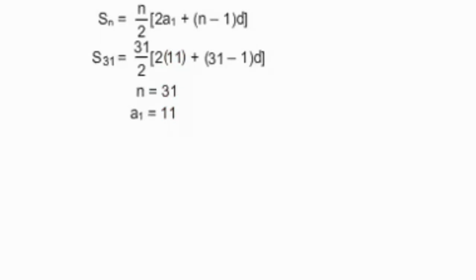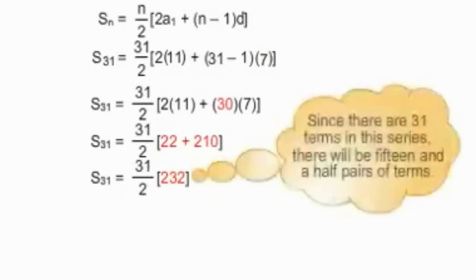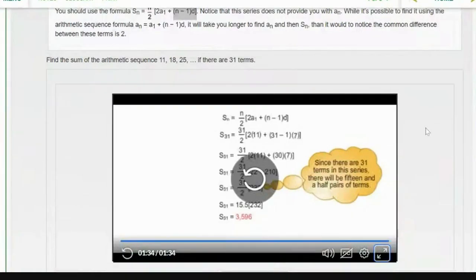Finally, find the common difference. The common difference between each term is 7. Now simplify. The sum of the arithmetic sequence 11, 18, 25, and so on, if there are 31 terms, is 3,596. All right, that's the same number we came up with.